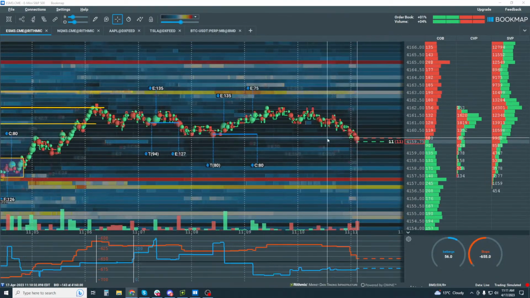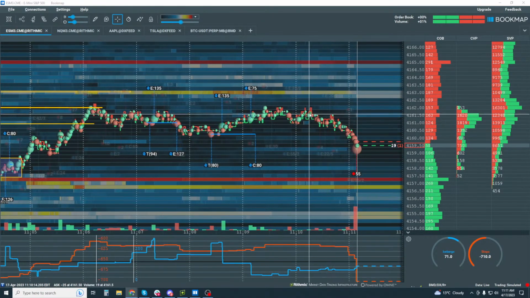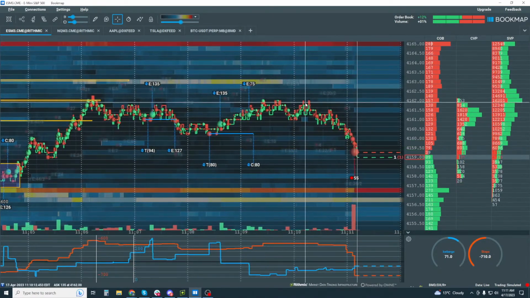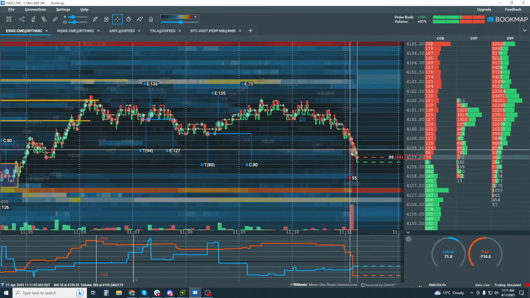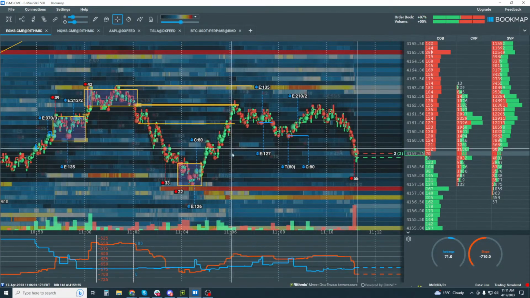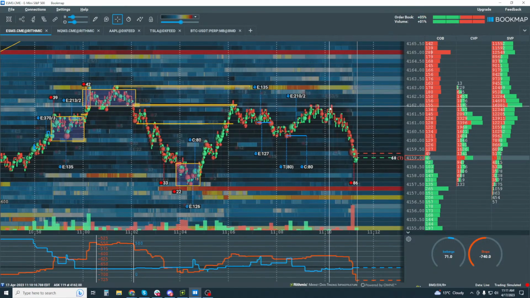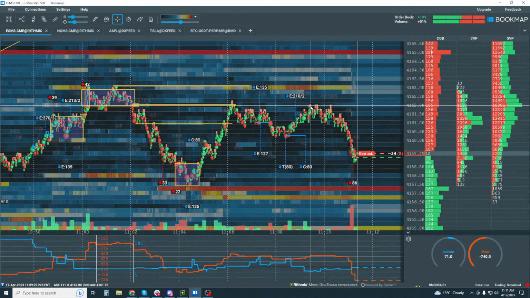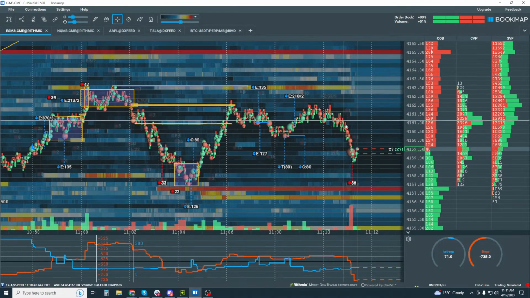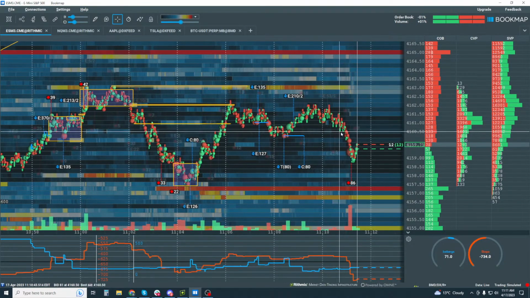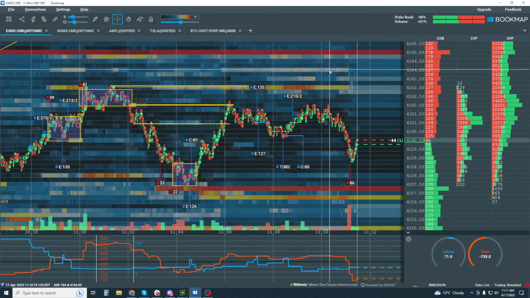So you wouldn't have been duped by it, though. You didn't get what you're looking for up here, right? The sellers are coming in, and we said if the sellers start to come in here, it's followed by exhaustion, three times in fact, and then the sellers are down in this area moving it lower.